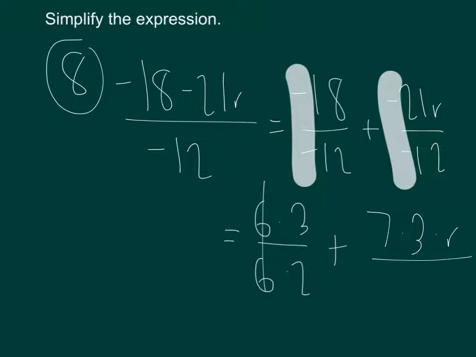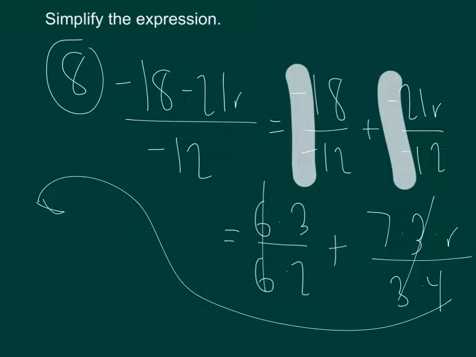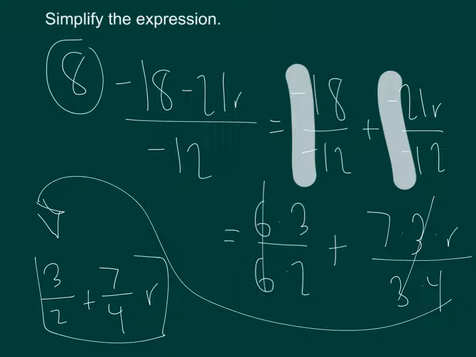And I can write 12 as 3 times 4. The 3's will cancel out there. So our answer, which I'll write over here, is 3 over 2 plus 7 over 4 r. There you go.